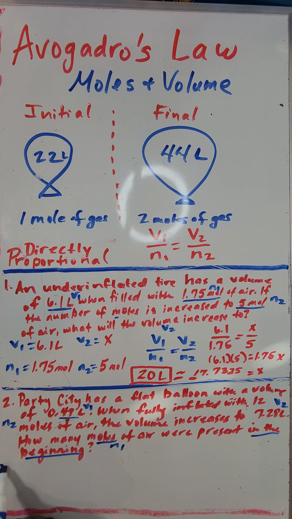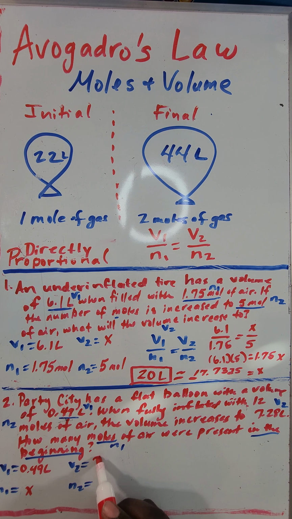So set up again: V1 over N1 equals V2 over N2. Plug it in. V1 is going to be 0.49 liters. N1 is actually our X now. V2 is 7.28, and N2 is the 12 moles.